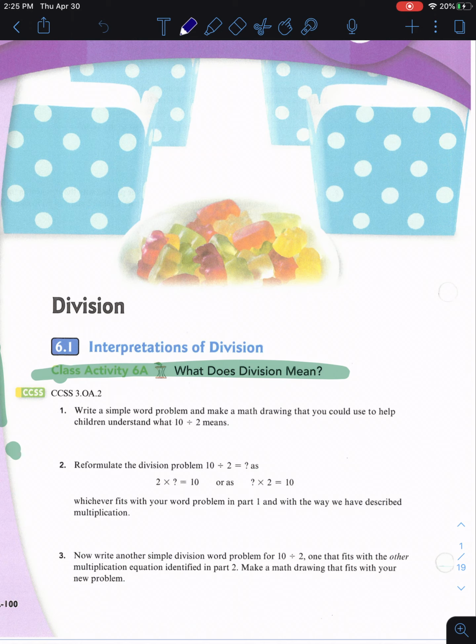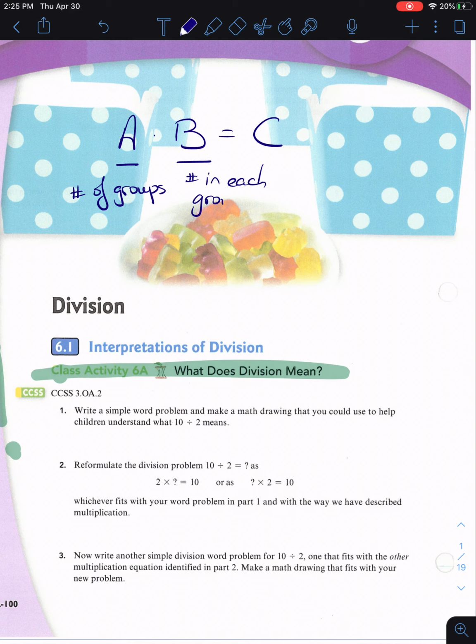So if we go back to multiplication and we said A times B equals C, we knew that A was the number of groups and B was the number in each group and C was the total number.